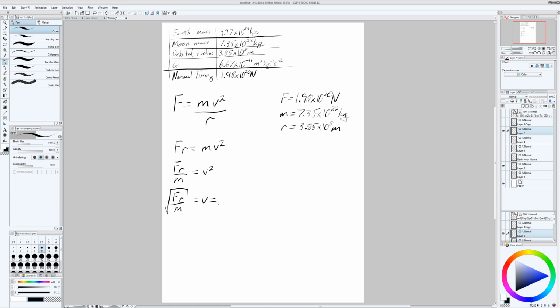So that's equal to the square root of 1.98 times 10 to the 20 times 3.85 times 10 to the 8, divided by 7.35 times 10 to the 22.